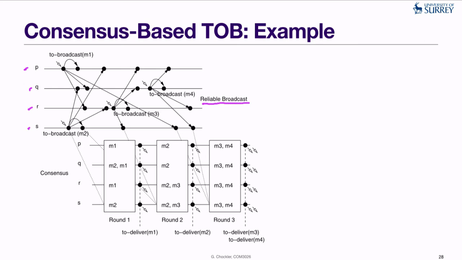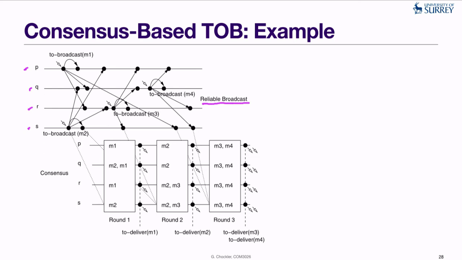The algorithm uses reliable broadcast as a building block, so it will broadcast messages via reliable broadcast and deliver messages from reliable broadcast, and these black blobs correspond to the respective broadcast and delivery events of reliable broadcast. This is important to keep in mind.